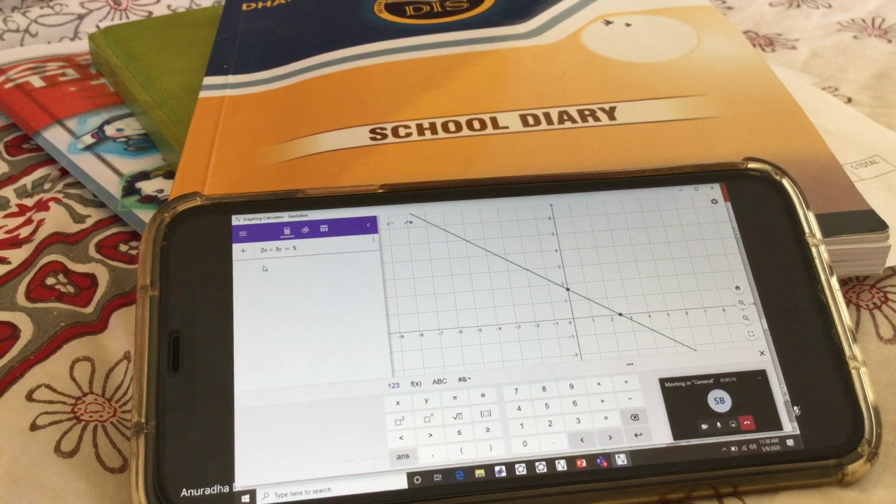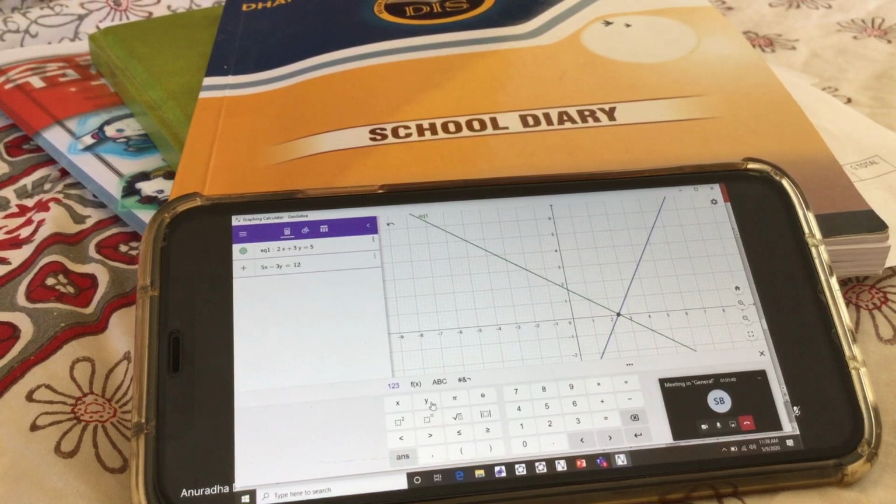Now you want another equation. We are now going to check for consistency. So you can input one more equation, say 5x minus 3y is equal to 12. Here you get the second line and the point of intersection.